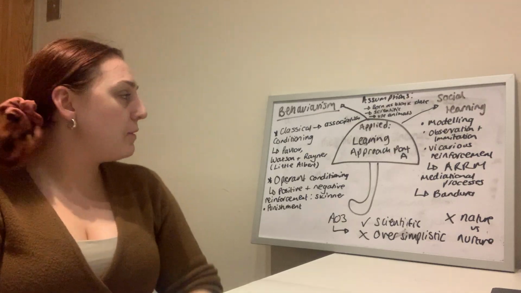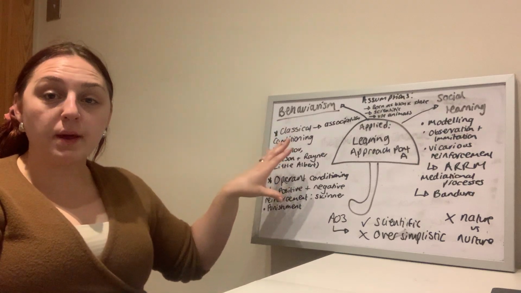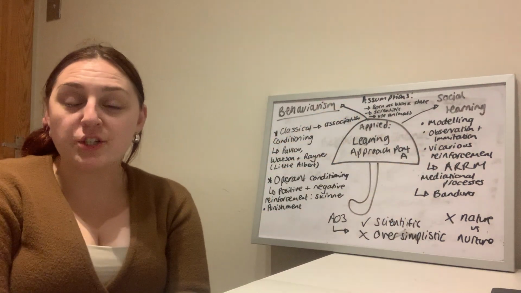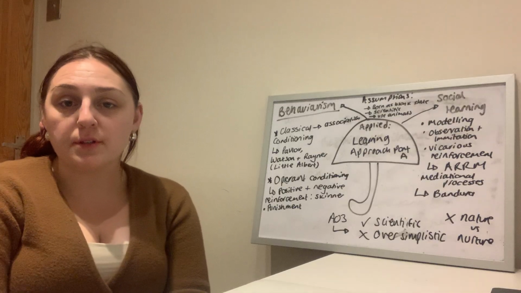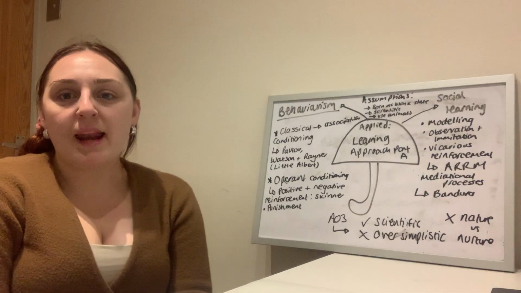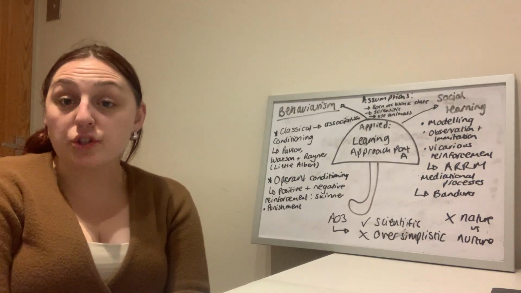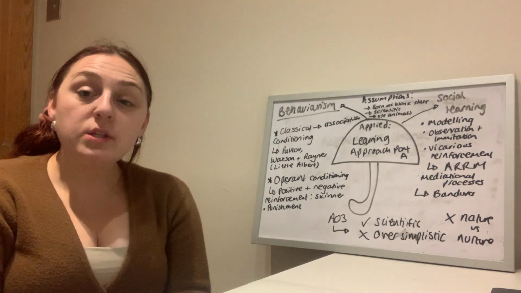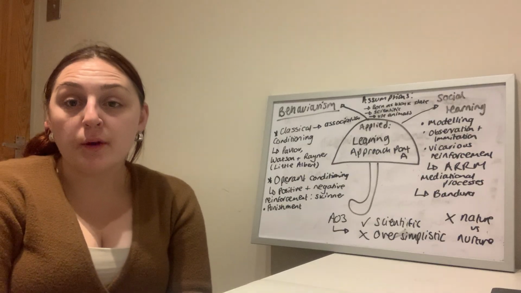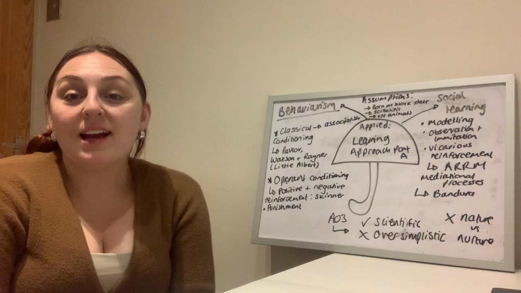But instead of it being through association or reinforcement, social learning theorists would suggest it's all about the observation and imitation of role models. It's about watching and copying other people's behaviour and having that desire and motivation to copy it. Now, when we talk about role models, we're referring to somebody that you look up to, somebody that you strongly identify with.